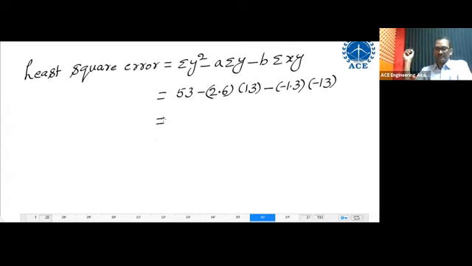Simplify this and let me know. I think the answer is 2.3, right? Good. Answer is 2.3.